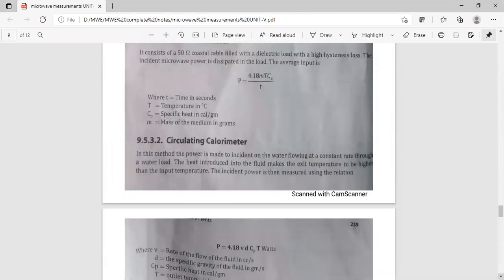I think you heard about this calorimetric method in 8th or 9th class. Do you know calorimetric method? No, ma'am, bolometers, ma'am. Bolometers also you got in 7th or 8th.